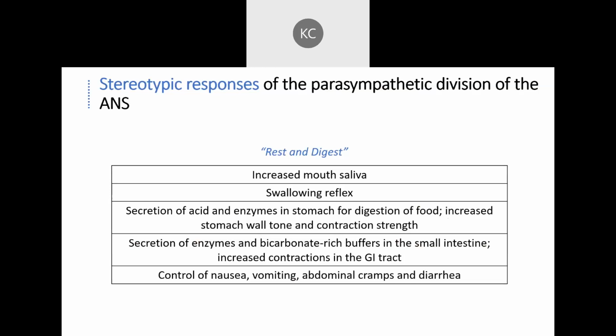Nicotinic being on the postganglionic neuron. So the neurotransmitters released from the preganglionic neuron bind to nicotinic receptors on the postganglionic neuron. And then the postganglionic neuron will release neurotransmitters that then bind to muscarinic receptors on some of the effectors in our parasympathetic nervous system.